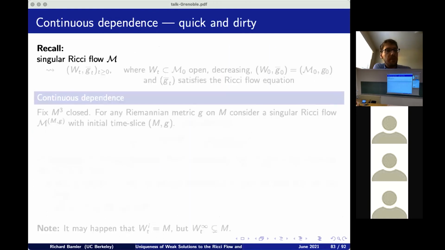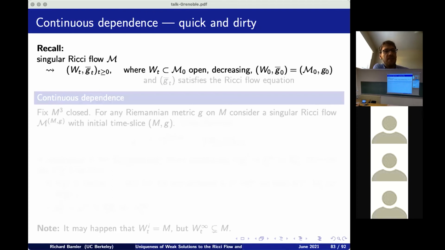Okay. So recall, what did we do? We started with a singular Ricci flow, and I've described a construction for a family of open subsets of the initial time slice and metrics on these open subsets defined for all t, where Wt is open in M naught. It's a decreasing family of open subsets.